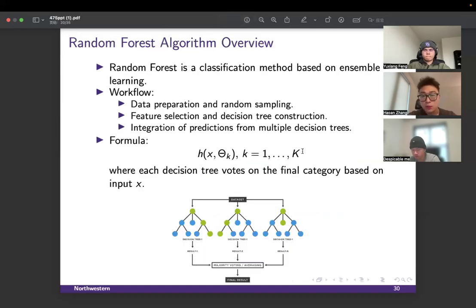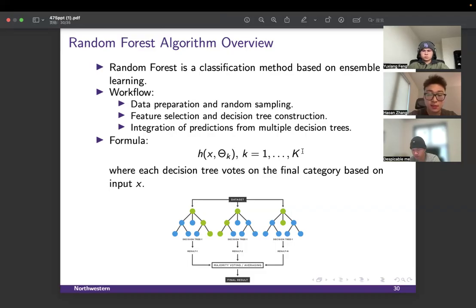And I will tell you about the random forest algorithm. The random forest is the primary algorithm we used. It builds multiple decision trees and uses a voting mechanism to generate the final prediction.